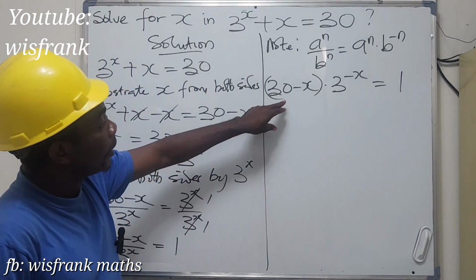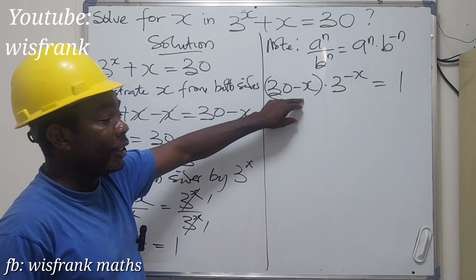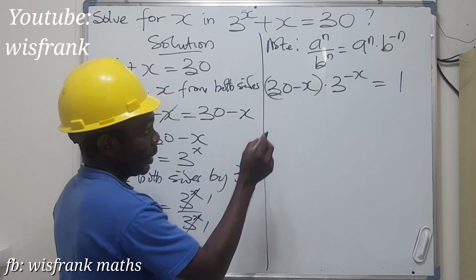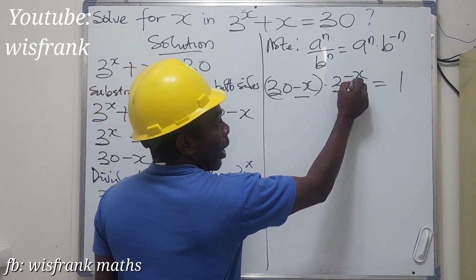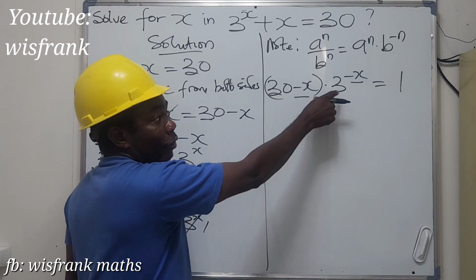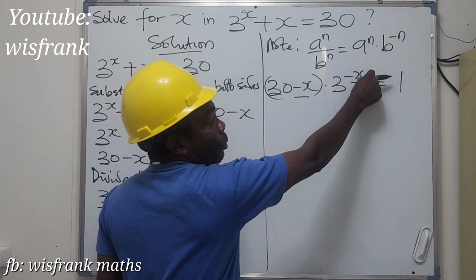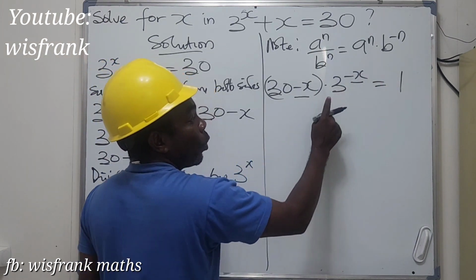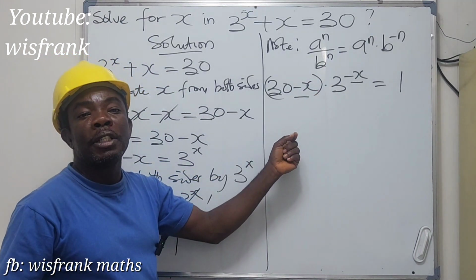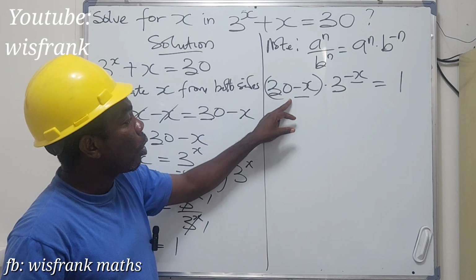So now we can see that we have 30 minus x here and we have minus x here. For us to have the same thing, that is the product of 3 to this exponent, we need to multiply 3 to the power of 30 to both sides, so that we will be able to have what we have here.